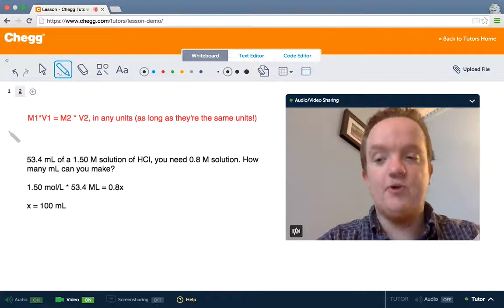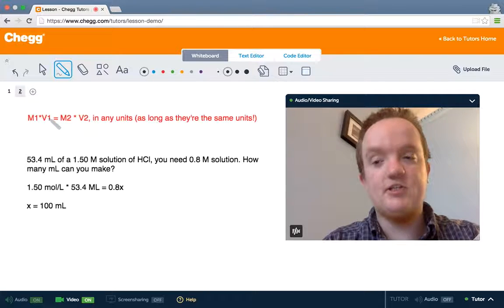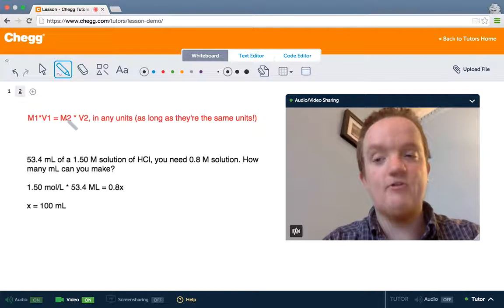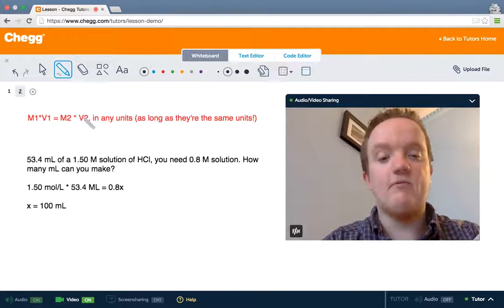In any units, you're going to have the molarity of the initial solution times its volume is equal to the molarity of the second, more dilute solution, times the volume of the more dilute solution.